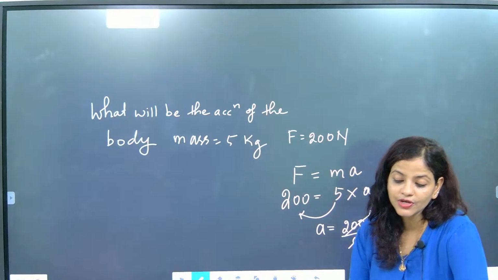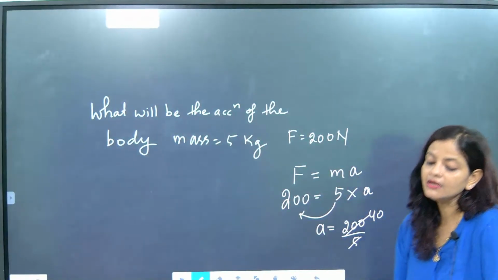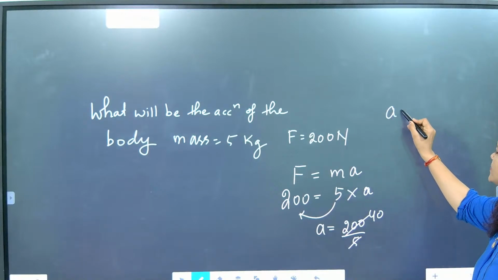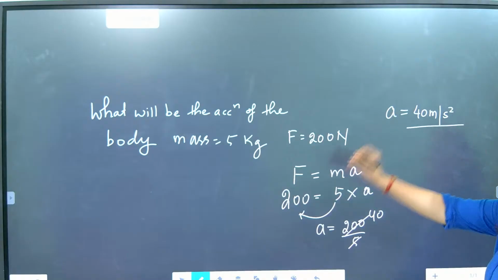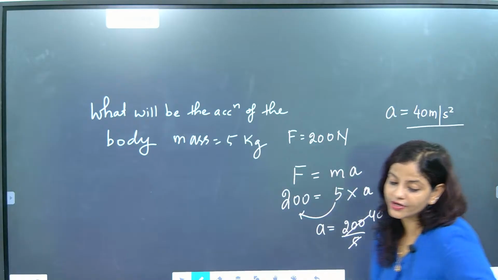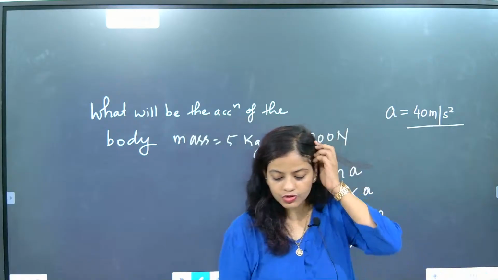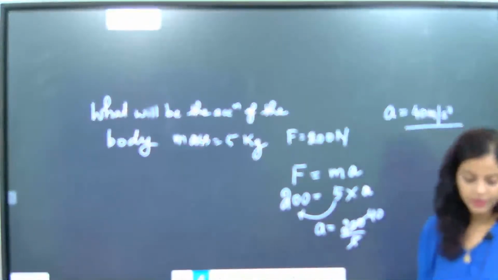And beta, the unit of acceleration is meter per second square. So acceleration is 40 meter per second square. Those who have written the unit are absolutely correct. The most important thing is we must write the unit also.